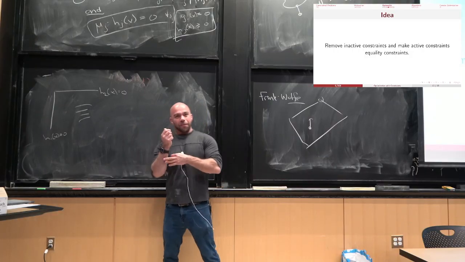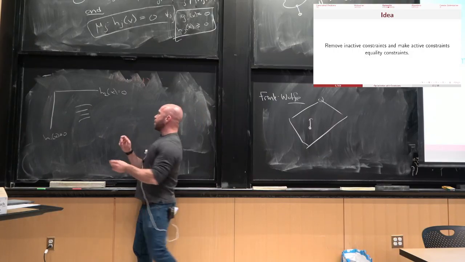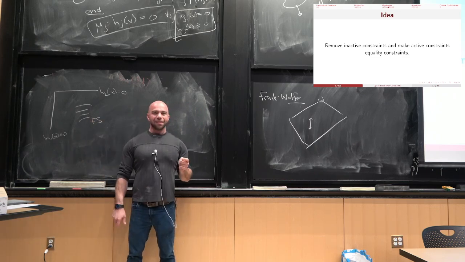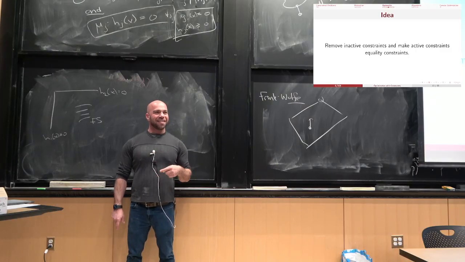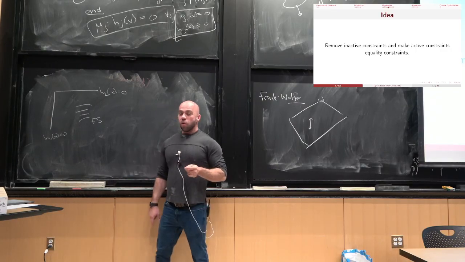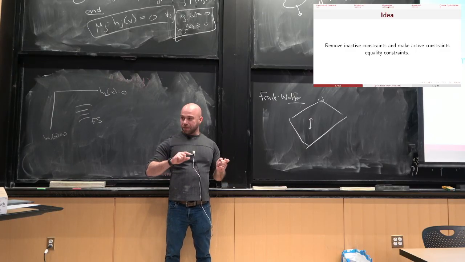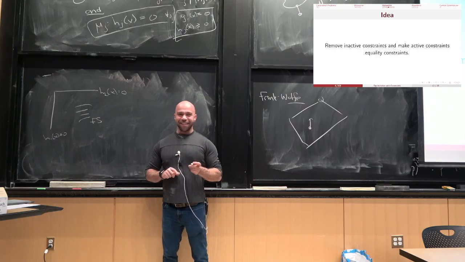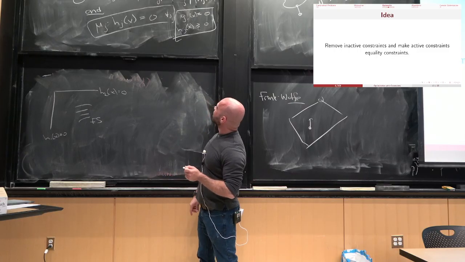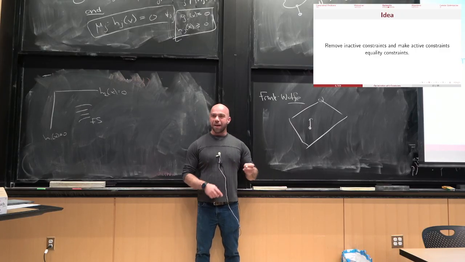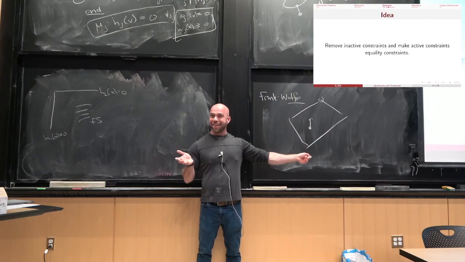Now, first of all, let's say that this is our feasible set, FS for feasible set. What direction is the gradient of h1 and h2? This is the kind of thing that your instructor likes to get wrong. Remember that the feasible set is a set where the h's are positive.